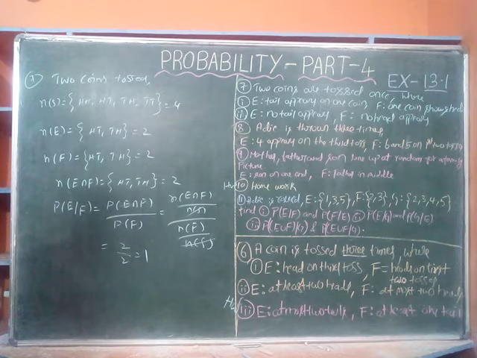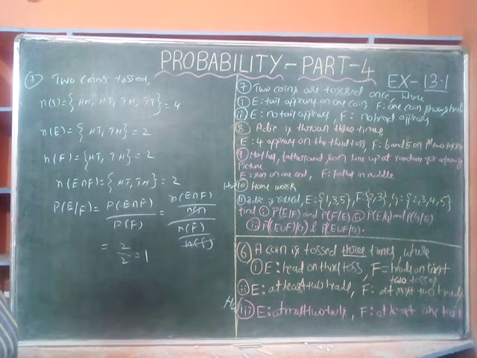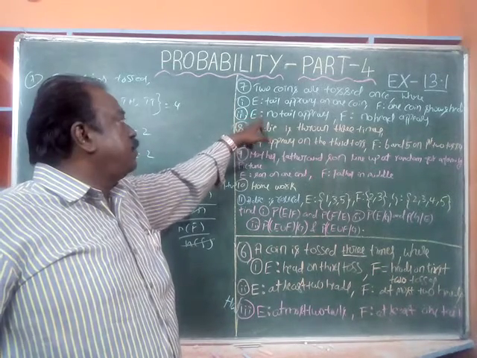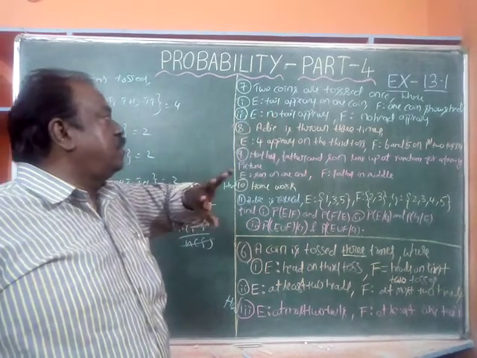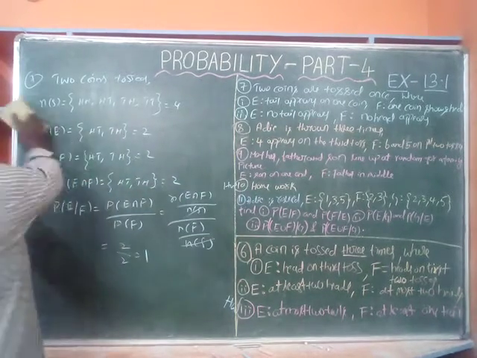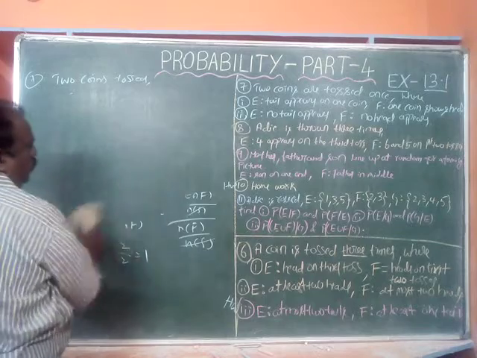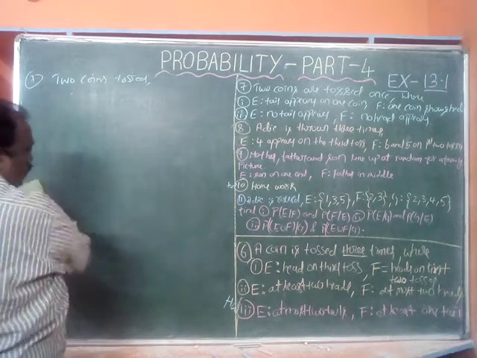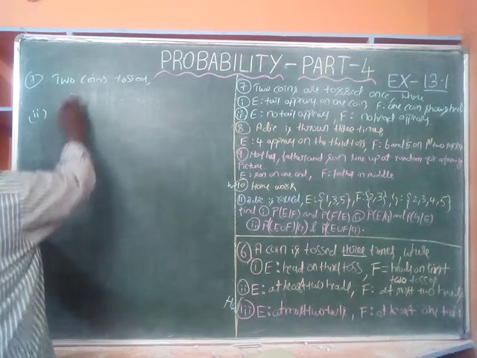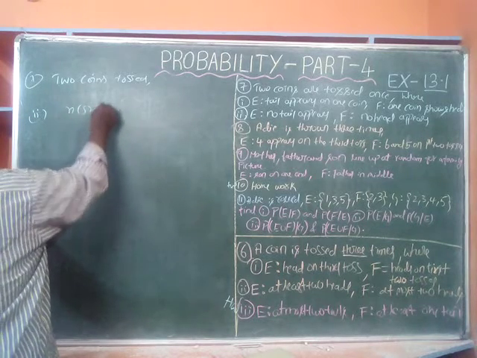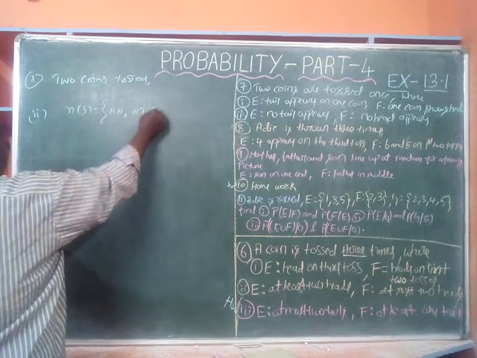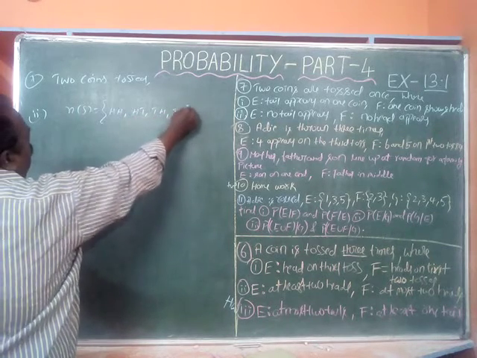Then the second one. What is the second one? The event E is no tail appears. F is no head appears. You see, head, tail, head, no head.